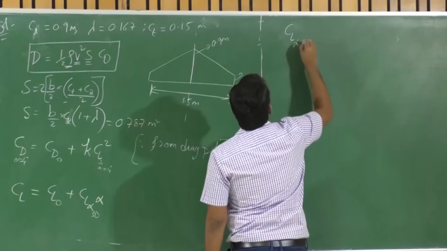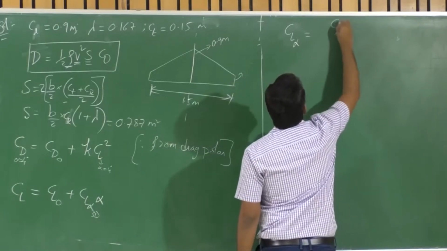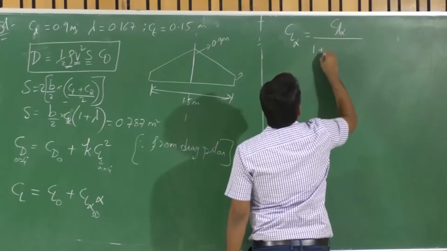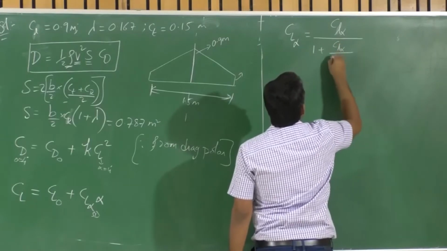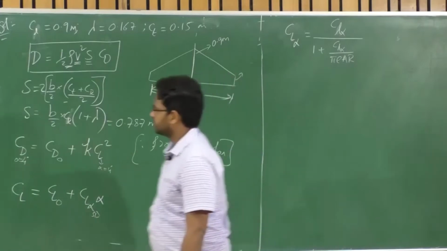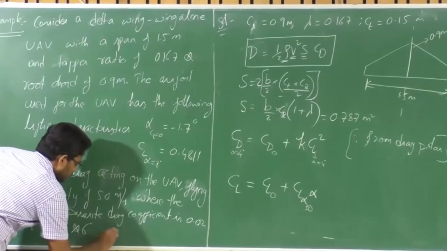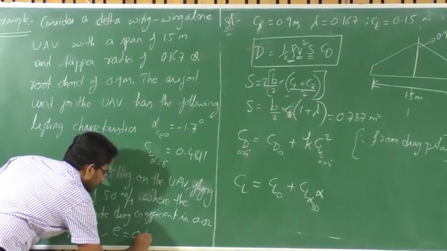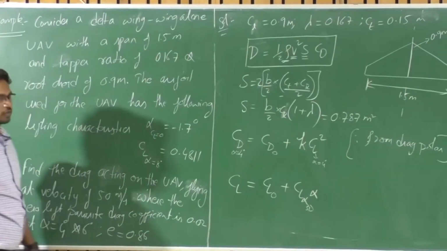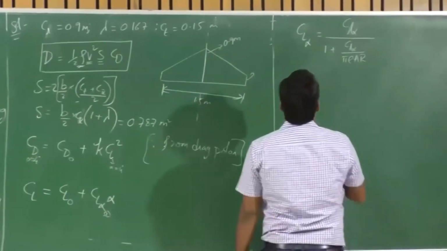Okay, we know CL alpha 3D is equals to CL alpha 2D upon 1 plus CL alpha 2D upon pi E here, right? So we missed that Oswald's efficiency, and E is equals to 0.86. Consider E is equals to 0.86 is the Oswald's efficiency factor.